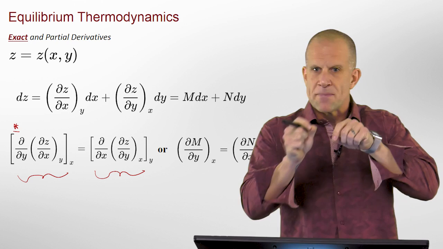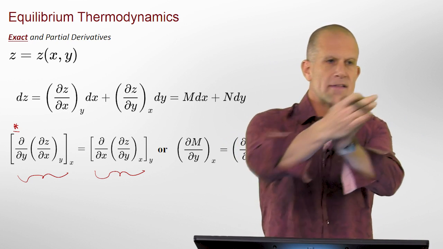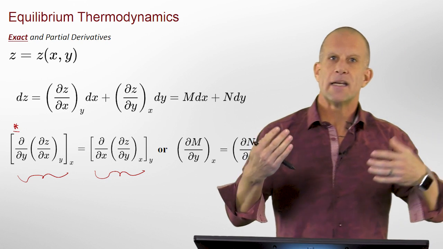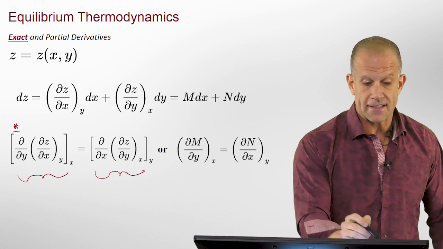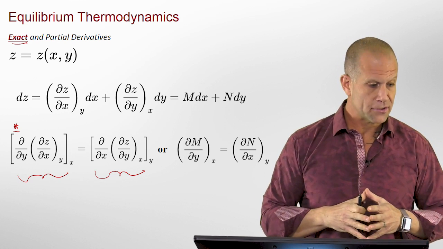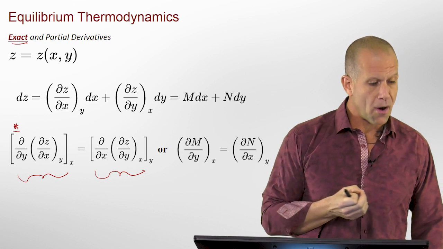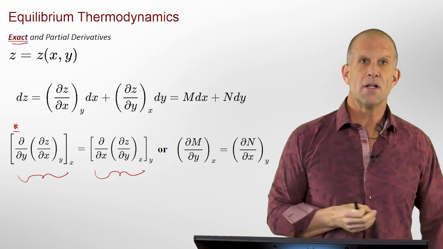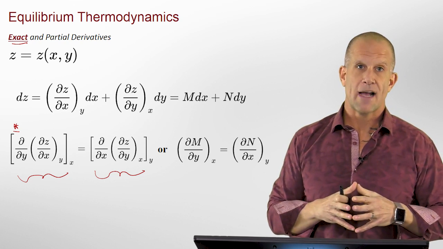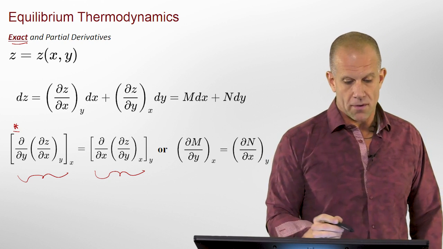So it doesn't matter which path you take. If you look at the change in one first and then the other, or the other and then that one, you're going to end up in the same place if it is an exact differential. So all state functions have the mathematical property that their total differentials are exact. This is a very important point.